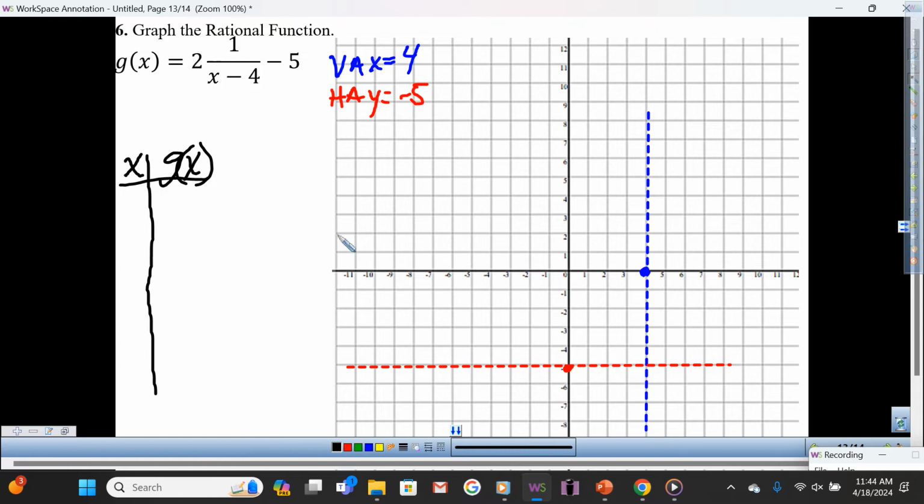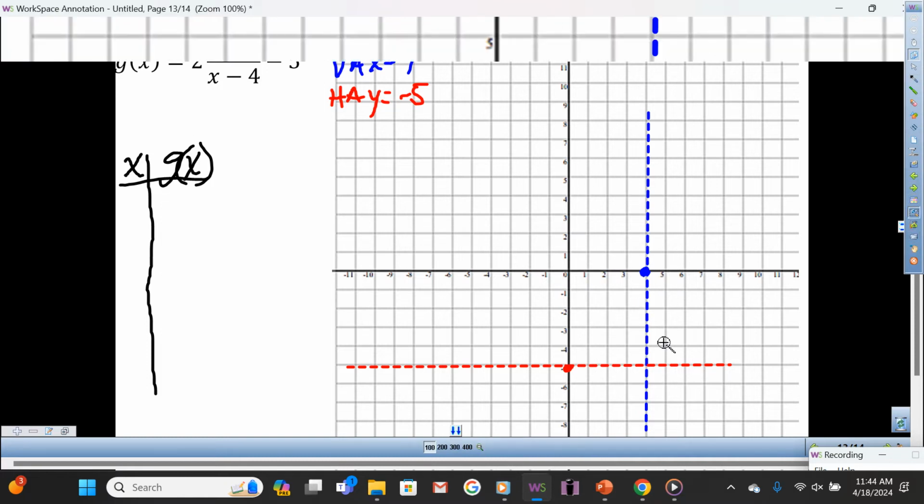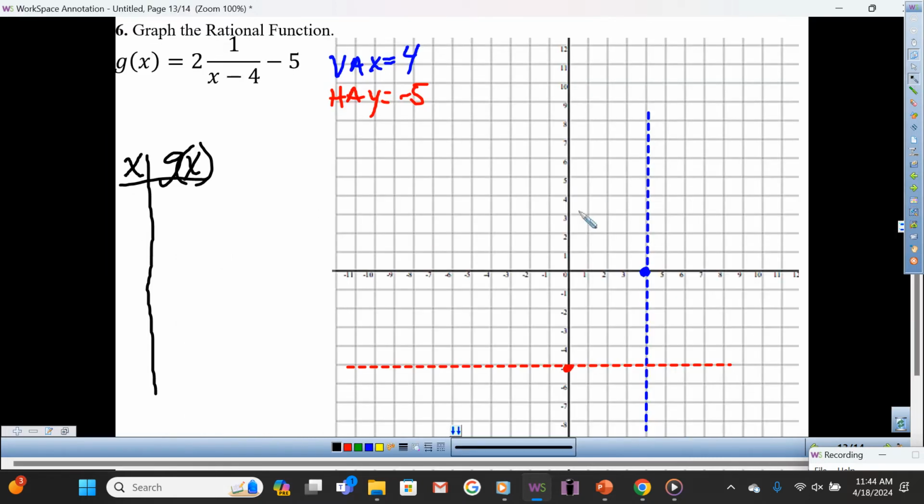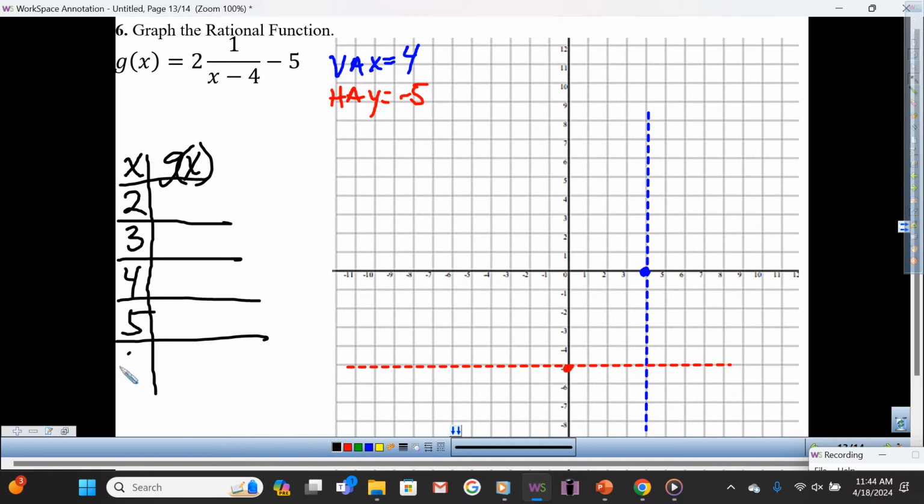You said what? What's the first one? Let me zoom in case you don't see it. That is correct. 2, 3, 4, 5, and 6. And of course the 4 is our what? Undefined.